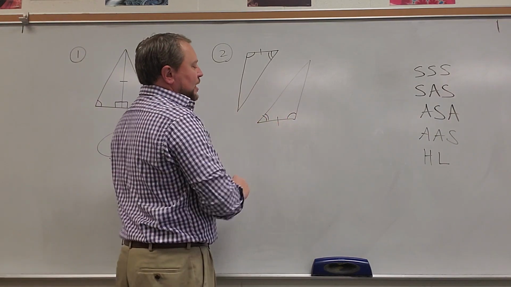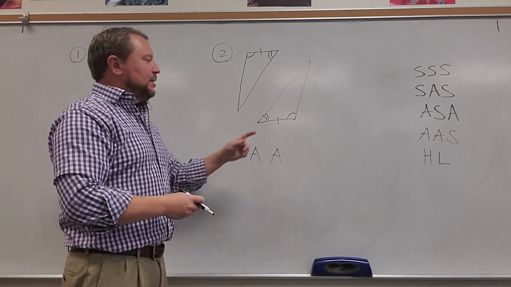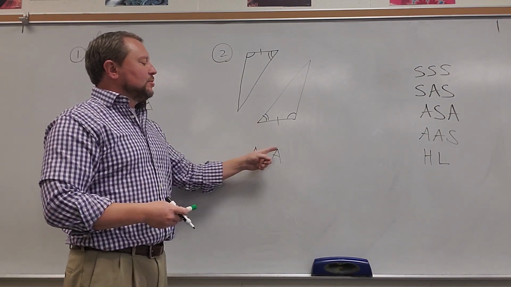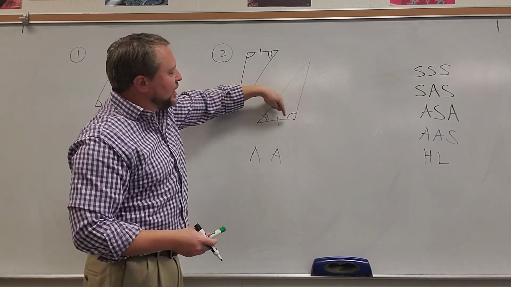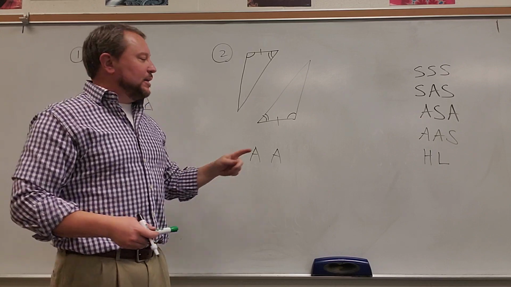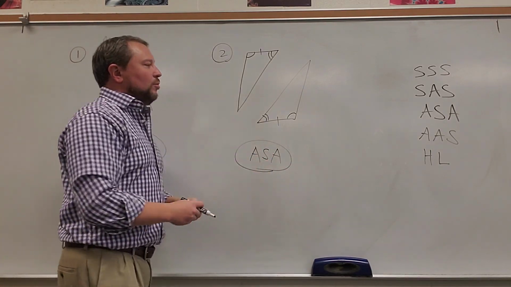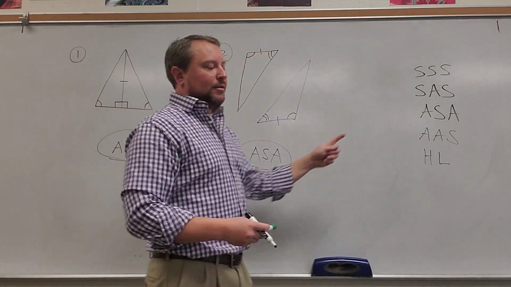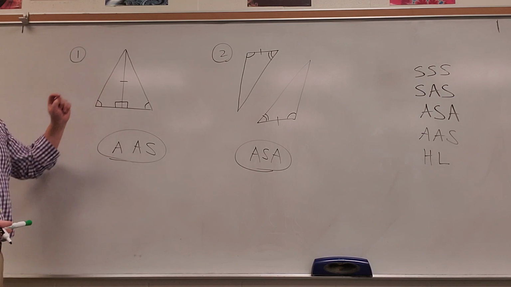Two angles and a side. I just need to ask myself, is that side in between the angles or outside of the angles? Well, when I look at my picture, the side joining the two angles is the side they gave us, so that's the side in between. So on this one, this would be our old method of ASA, whereas this one's our new AAS.